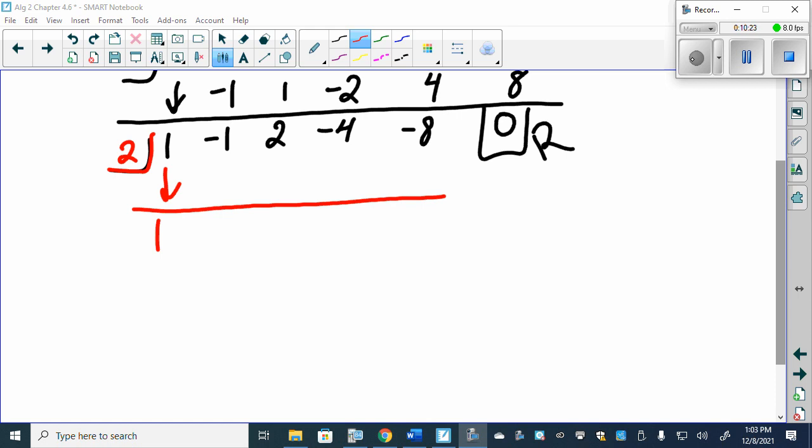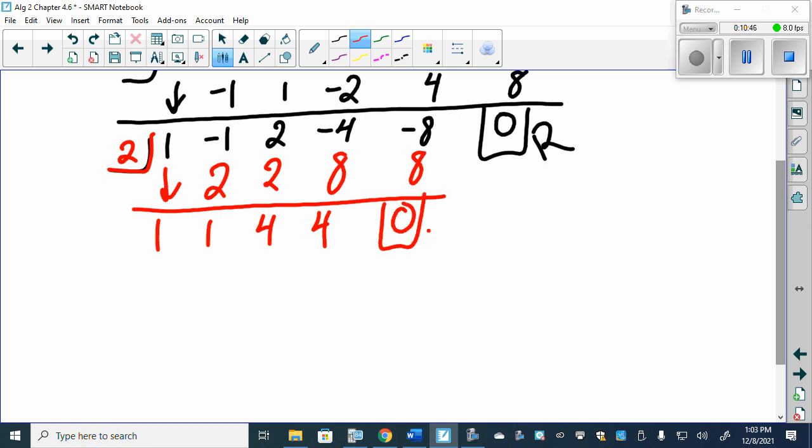So we would do 2 times 1, which is 2. -1 plus 2 is 1. 1 times 2 is 2. 2 plus 2 is 4. 2 times 4 gives us 8. -4 plus 8 is 4, 2 times 4 is 8, and -8 plus 8 is 0, which is exactly what we wanted.